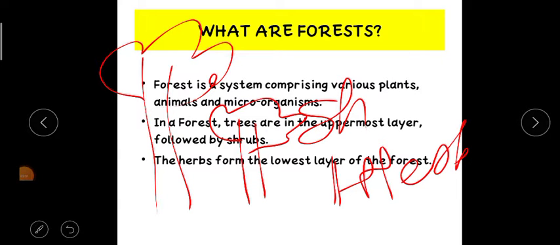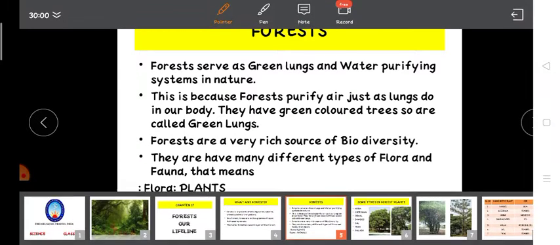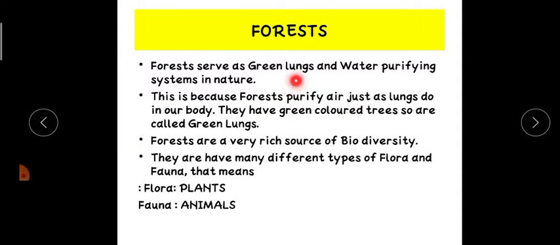Okay children, now let us move to our next topic. Forests serve as green lungs and a water purifying system in nature. Lungs are a body part related to our respiratory system, is it not? The lung is an organ related to the respiratory system of a living organism.